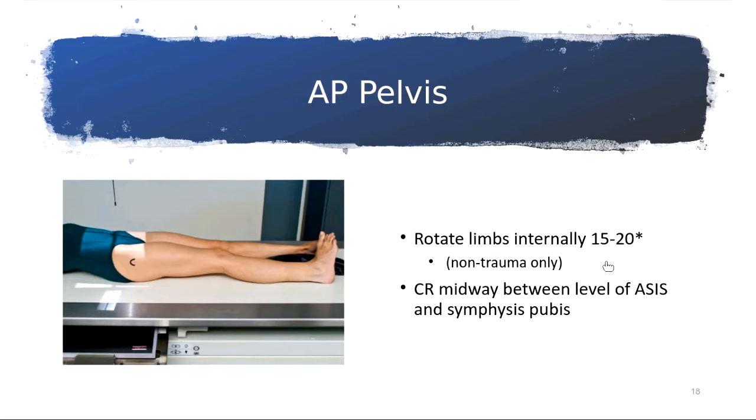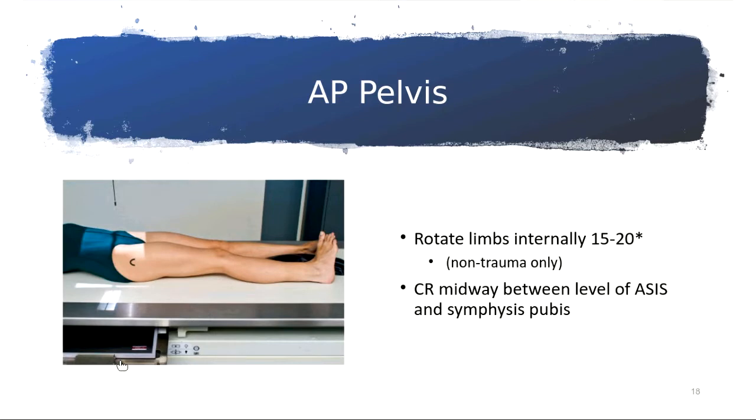If they are able to, then we would prefer to rotate their limbs 15 to 20 degrees internally, because that would place the femoral neck parallel to the IR. We're on a 14 by 17 crosswise or landscape. Our technique is going to be 80 kVp at 12.5. Remember, that was the same technique we used for femur.